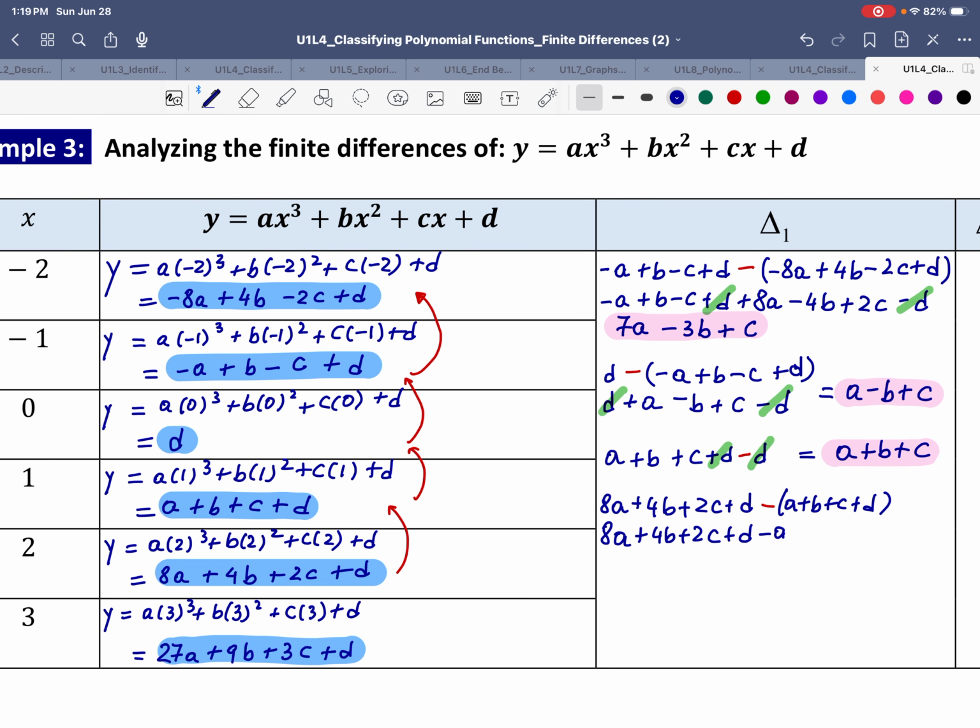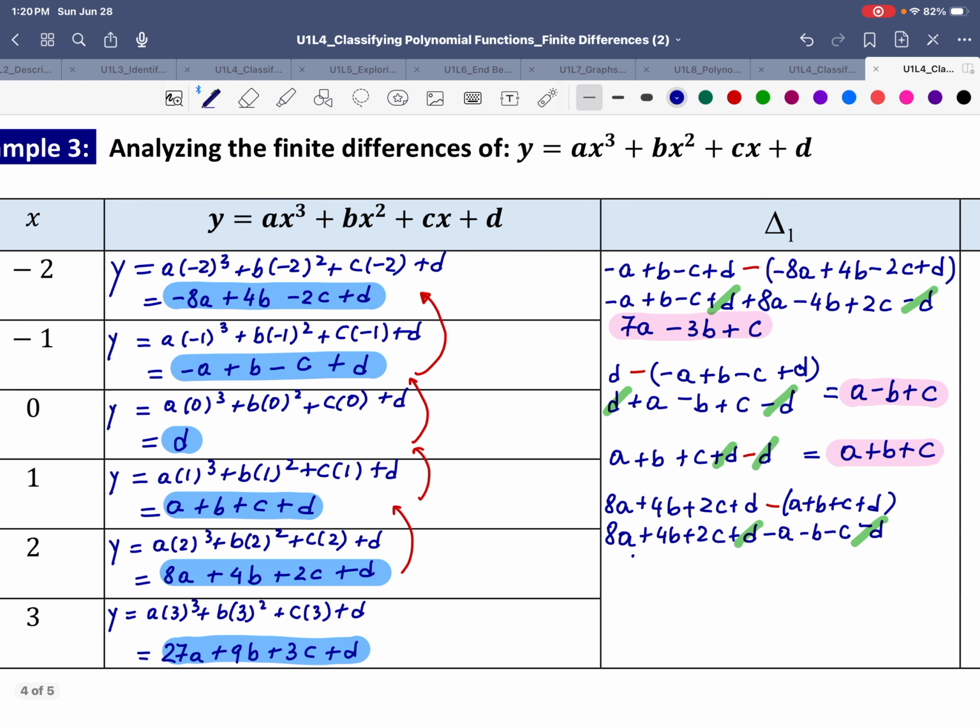Subtract a, subtract b, subtract c, subtract d. And as you can see again, d and negative d will add to 0. And we'll get in here 8a minus a, 7a. 4b minus 1b is 3b, and 2c minus c is equal to positive c. So that's going to be our second last difference we're finding here.